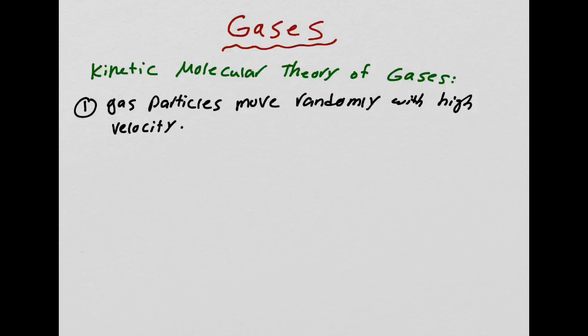That means the gas particles move in random directions at very high speed. What does velocity mean? Velocity means speed, right? Really fast, basically. Gases are moving around randomly, in different directions, really fast. High velocity means moving around really rapidly.